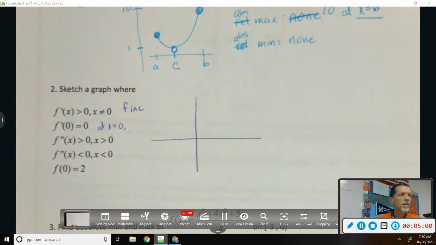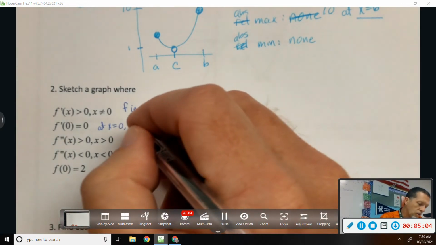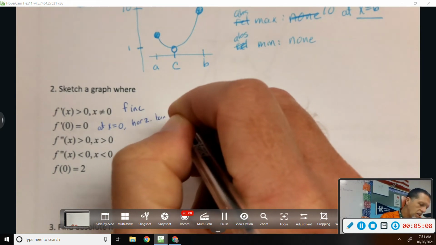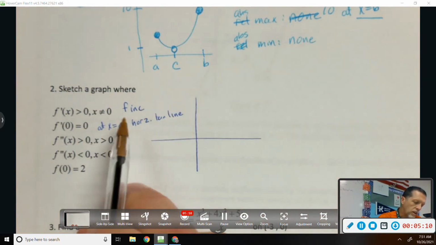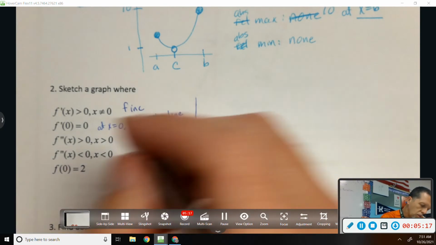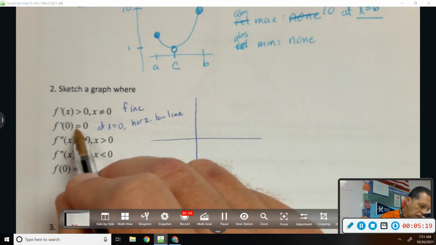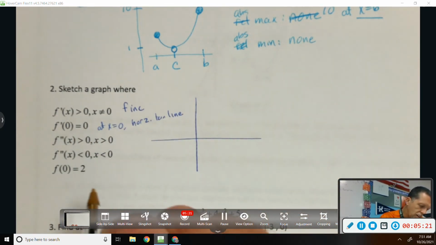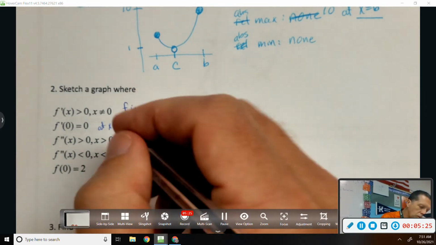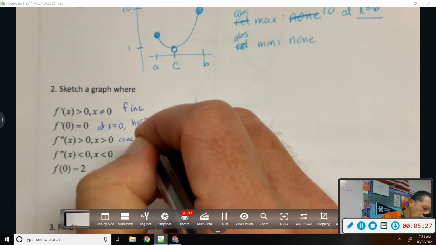You're right, it is a critical point. It's a horizontal tangent line there. So I need to increase, but I've got one flat spot, and then I'm increasing after that. So we're increasing the whole way except at 0 where it's flat. All right, when x is greater than 0, second derivative is positive, so that's concave up.